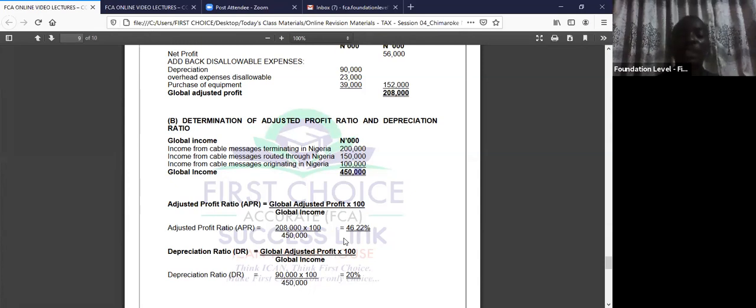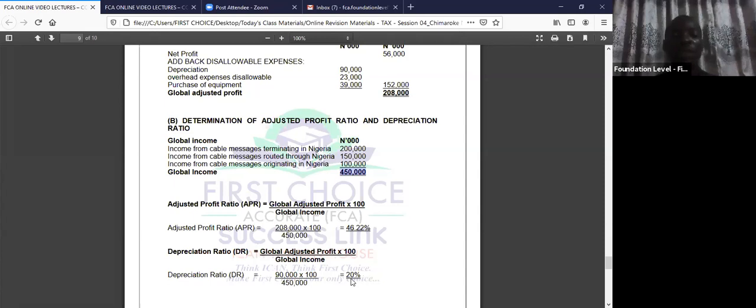So your profit is 46.22% of your income. Now we go to depreciation. See that depreciation you added back, 90 million divided by 450 million times 100, 20% of your income is depreciation.